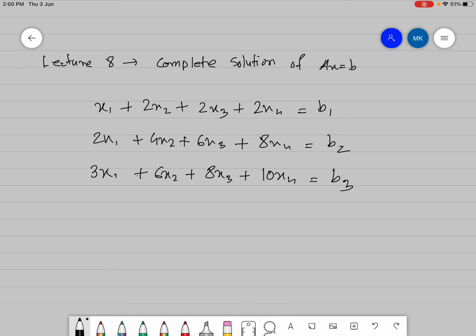So you have 4 variables and 3 equations. These are the 3 equations and 4 unknowns, and you have to solve it.